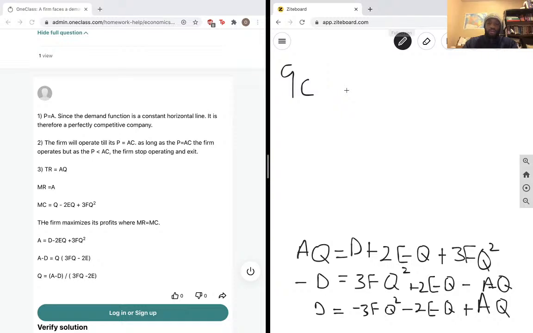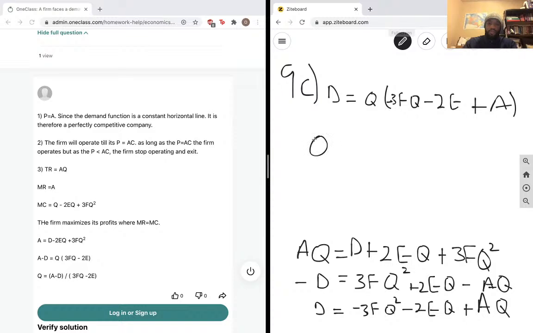Now we need to just factor out Q. So D equals Q brackets, negative 3FQ minus 2E plus A.